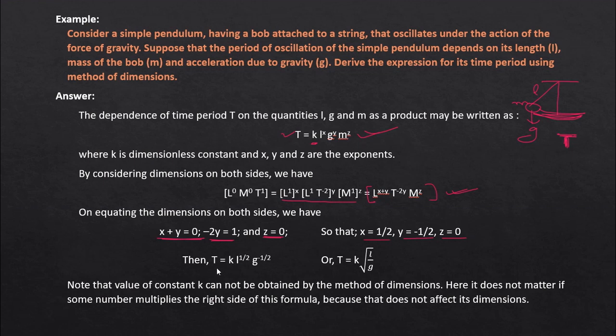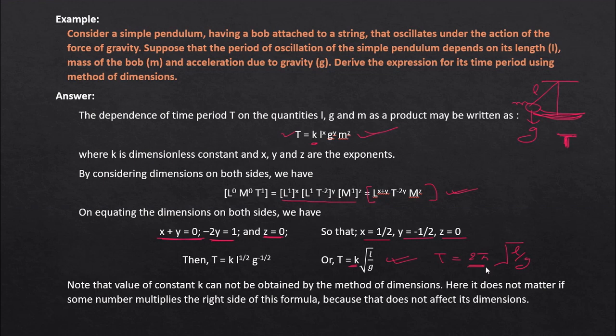You will get T equals k L to the power half g to the power minus half, or T equals k under root L by g. You see that we have got almost the formula of the time period except this constant k. We know that the time period equals 2 pi under root L by g.